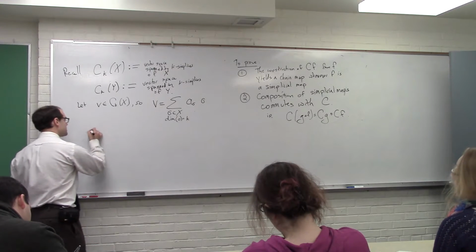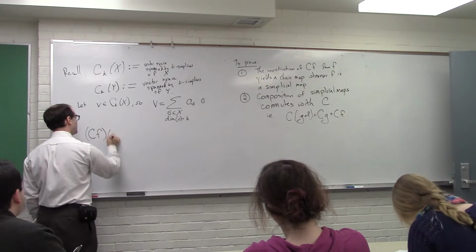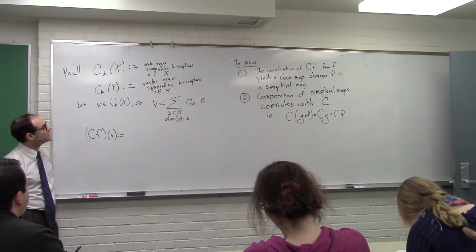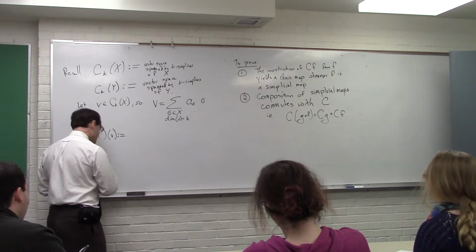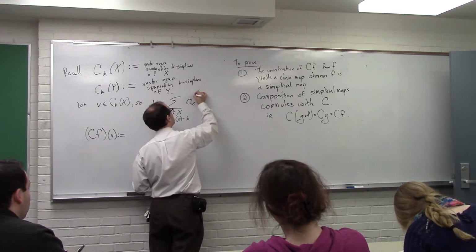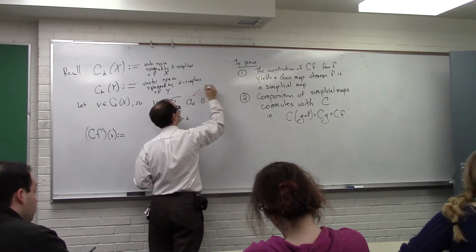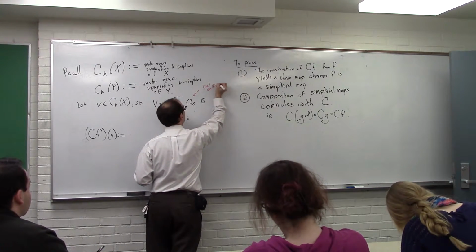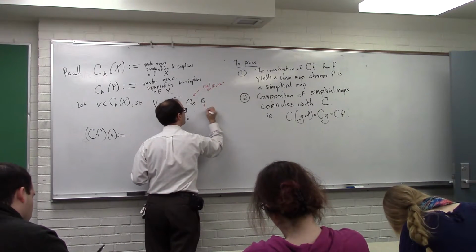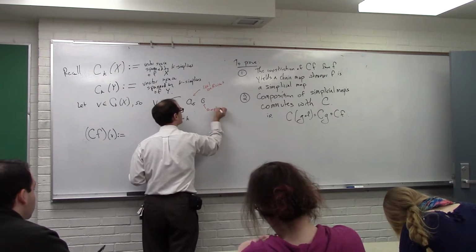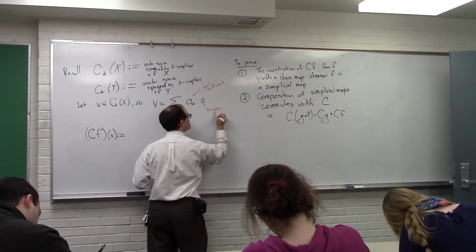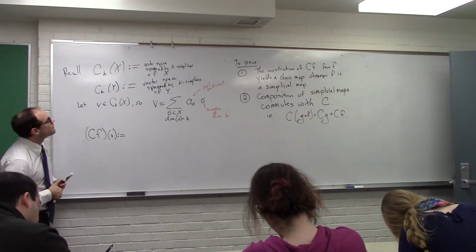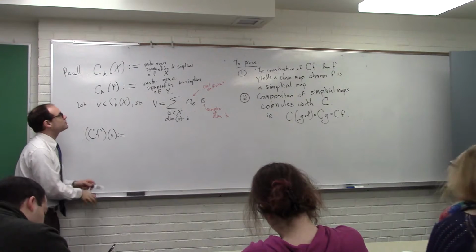Okay? Well, I want to map this thing over to here. Let me just define it. C F of that thing. A is a coefficient, so a of sigma is a real number, and sigma is a simplex of dimension k, because I've got a vector space spanned by those k simplices abstractly.